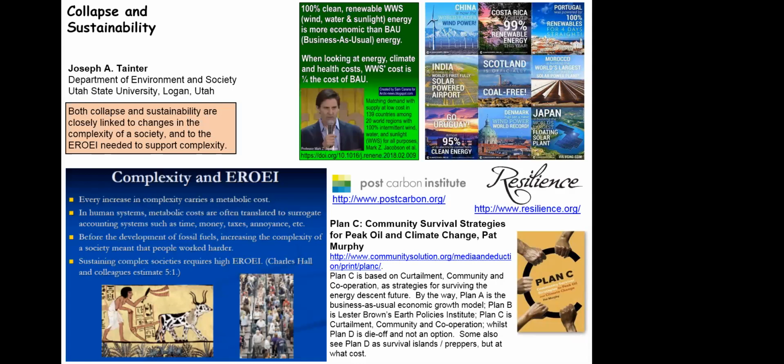So here along comes Plan C, which is all about curtailment, community, and cooperation. And by the way, Plan D is called die off, and this is not an option. But some also see Plan D as survival islands or the prepper movement. But at what cost are they doing this?